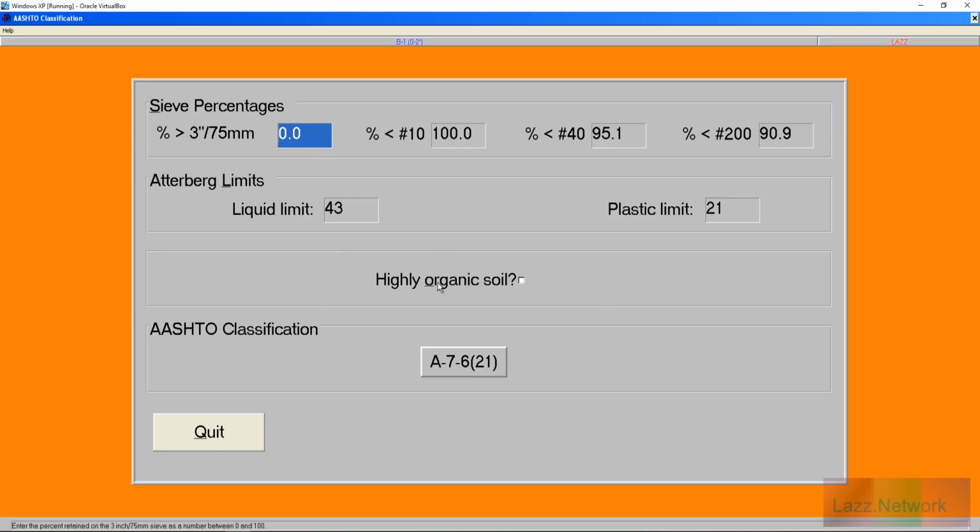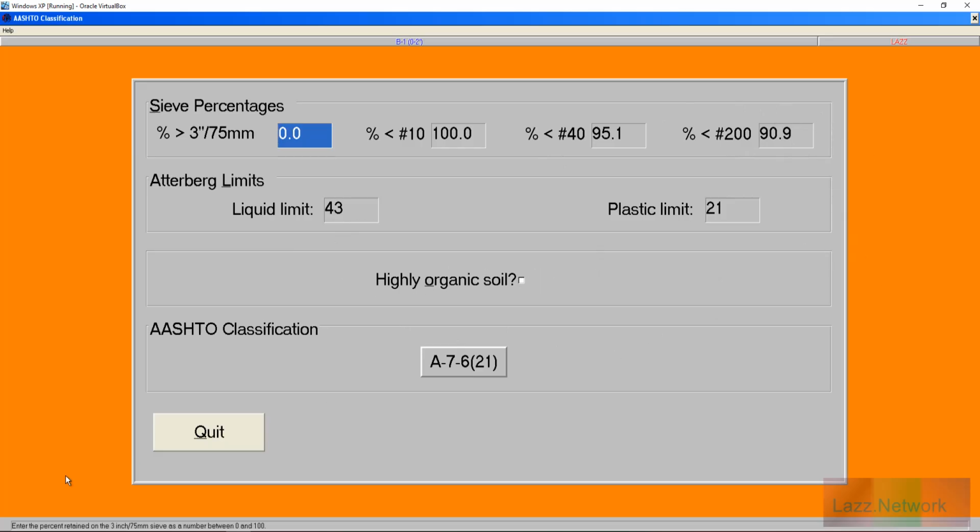We have 100% passing number 10. We have 95.1% passing the number 40 sieve. And for our 200, we have 90.9% passing with a liquid limit of 43 and a plastic limit of 21. And then it asks, is it a highly organic soil or not?